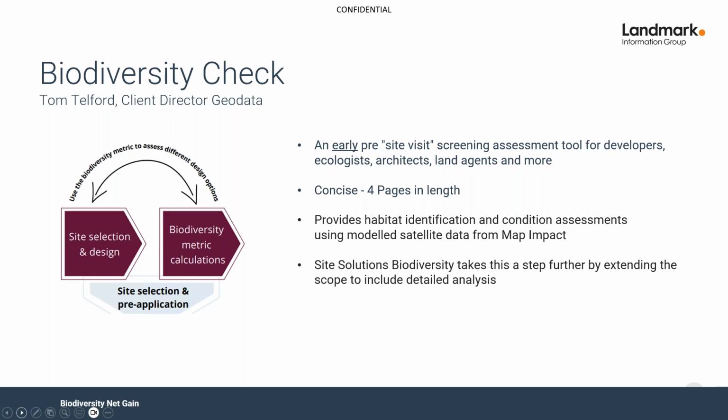It provides habitat identification and condition assessments, and uses, as already mentioned, the satellite data from Map Impact. There's also the Site Solutions Biodiversity Report, which I believe my colleague Simon or Richard will be coming on to next, and this takes it a step further by extending the scope to include a more detailed analysis.